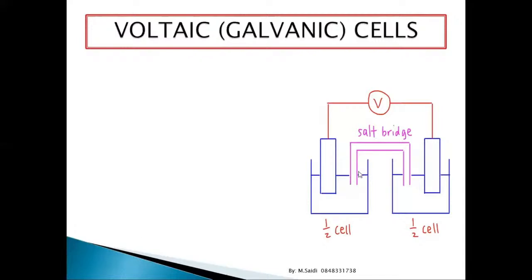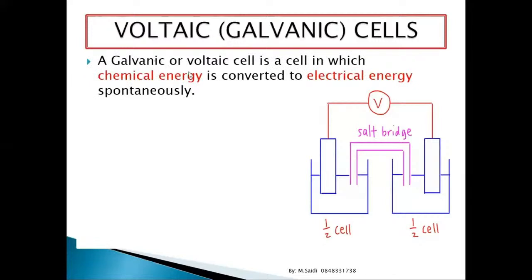All right, let's start. A galvanic cell or a voltaic cell is a cell in which chemical energy is converted into electrical energy. It means it uses chemicals to produce electricity spontaneously, without any external source.